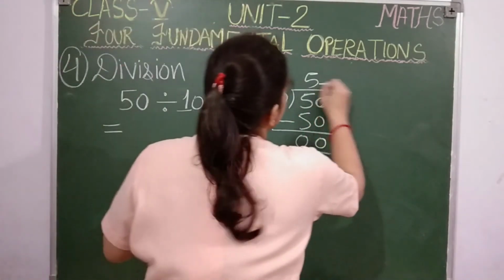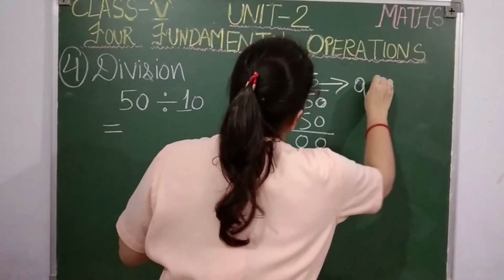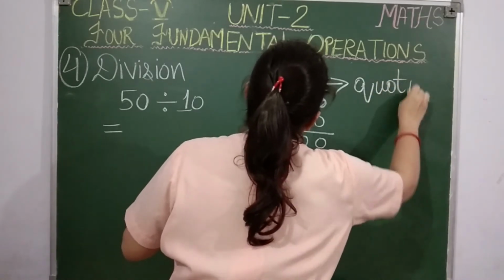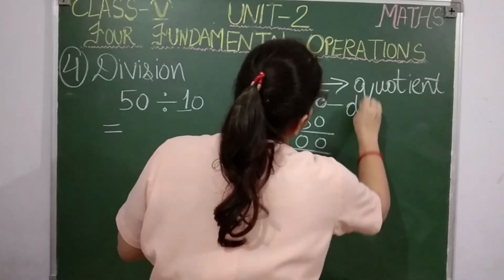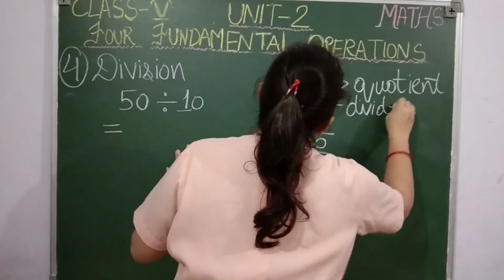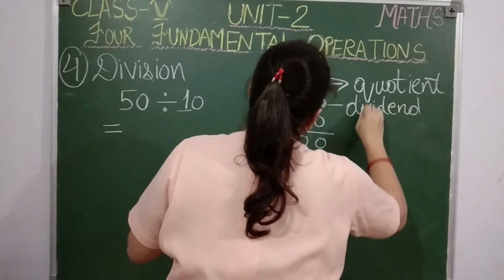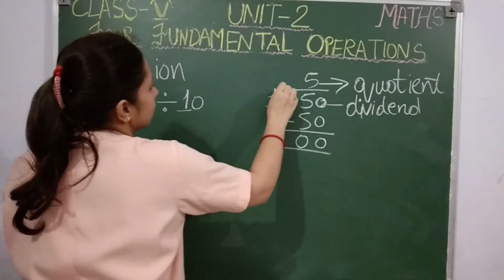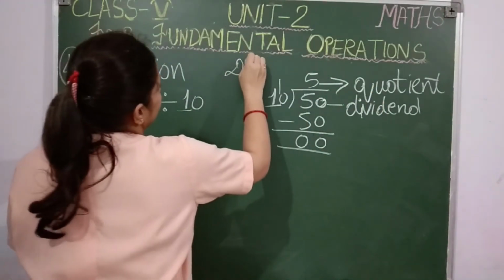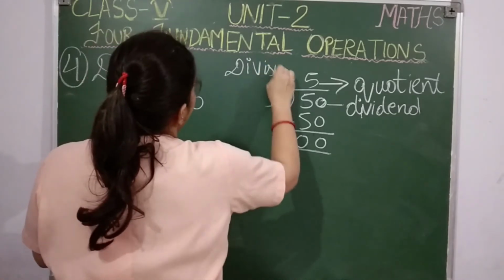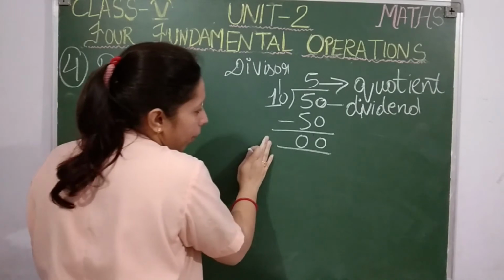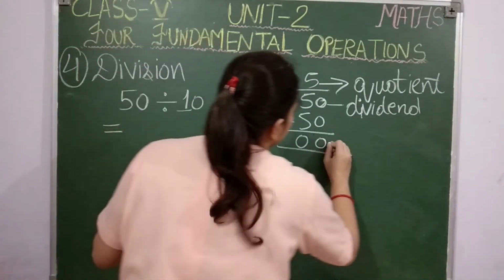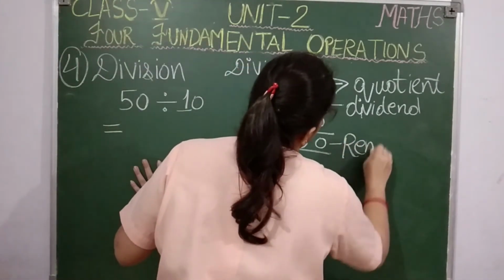Here students, this answer is known as quotient. And the number which you are dividing is known as dividend, D-I-V-I-D-E-N-D, dividend. The number by which you are dividing is known as divisor. Clear students? And after solving, if some number is still left with you, that is known as remainder.